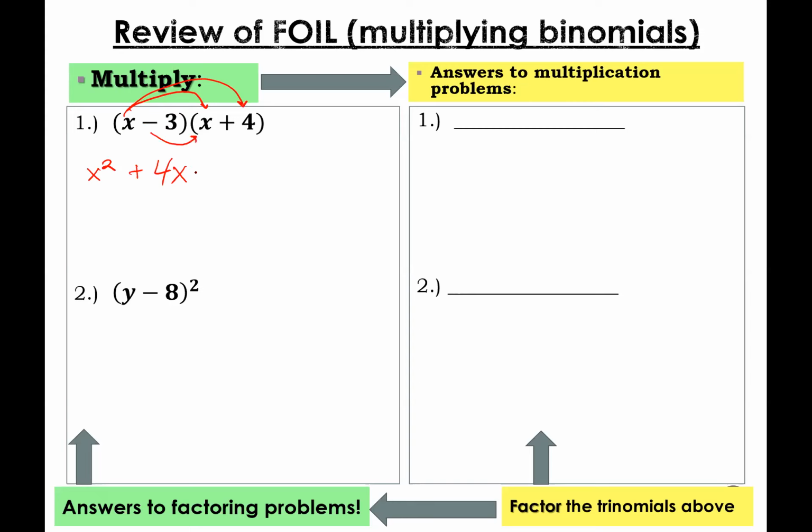Negative 3 times x is negative 3x. Negative 3 times 4 is negative 12. When I combine those middle terms, positive 4x minus 3x is positive 1x. But a lot of times we don't write the 1 in our answer. We just write x squared plus x minus 12.